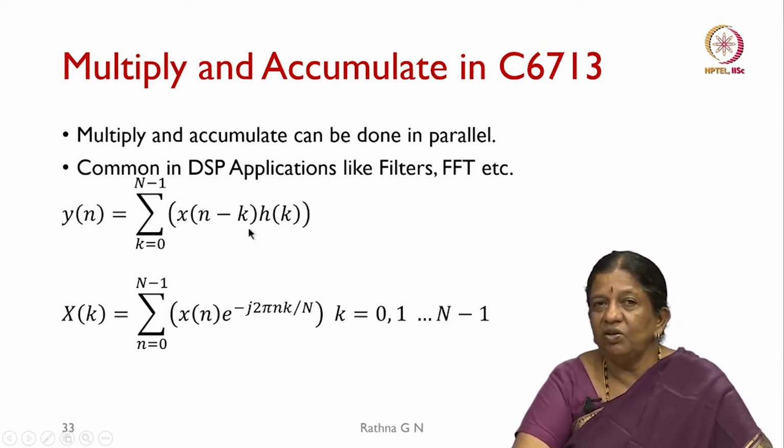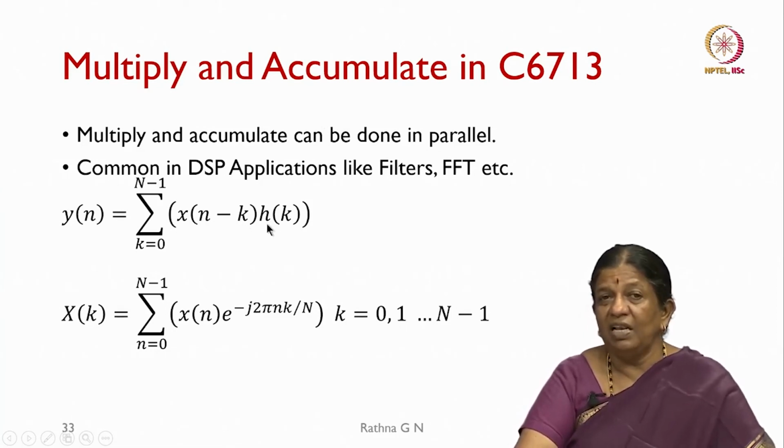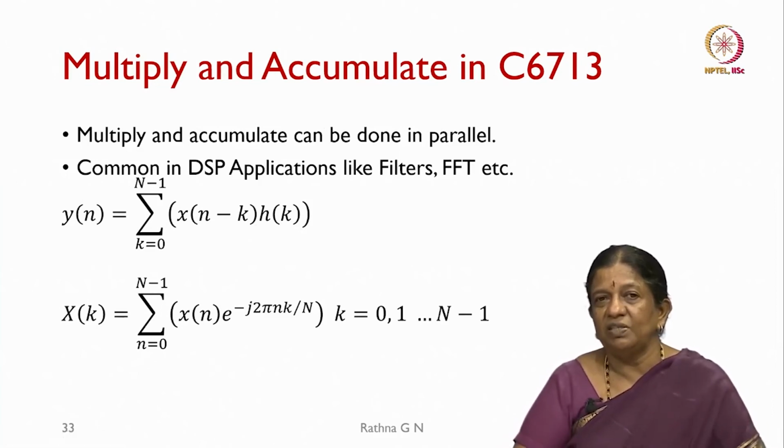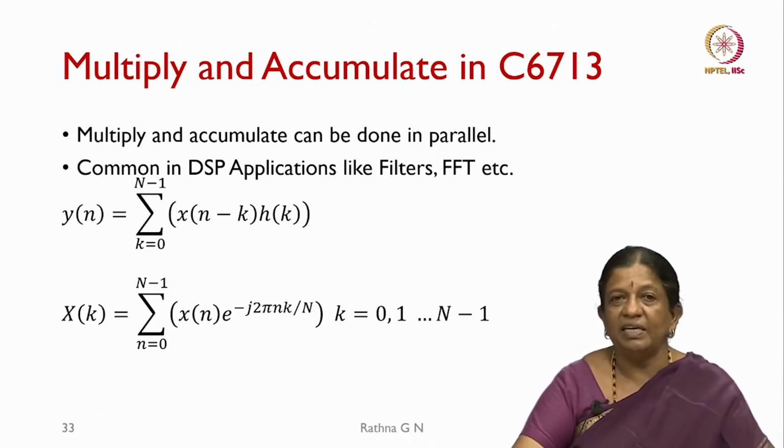So, either x of n into h of n minus k would have been comfortable, but we use here the input as x of n minus k and then h of k. Why I will consider it, we will see when we take up the architecture further. I need circular convolution, why do I need it? We will take it up in the next class and see why I need that.